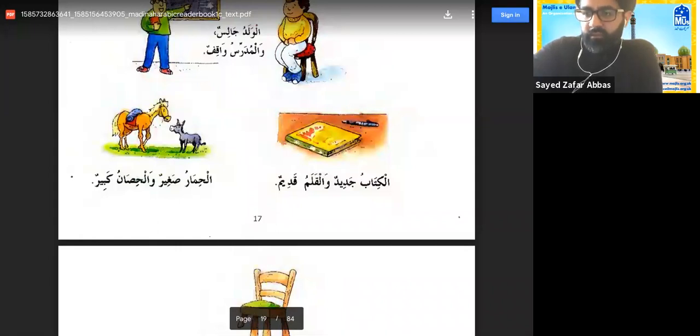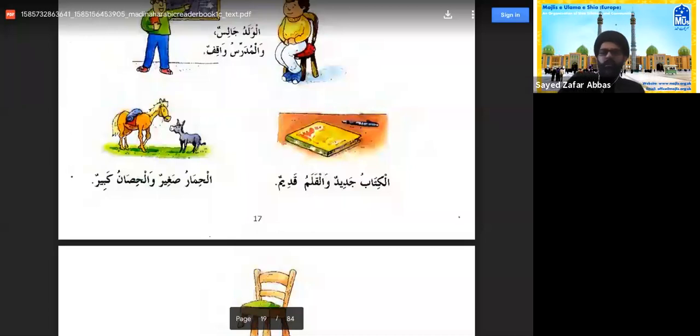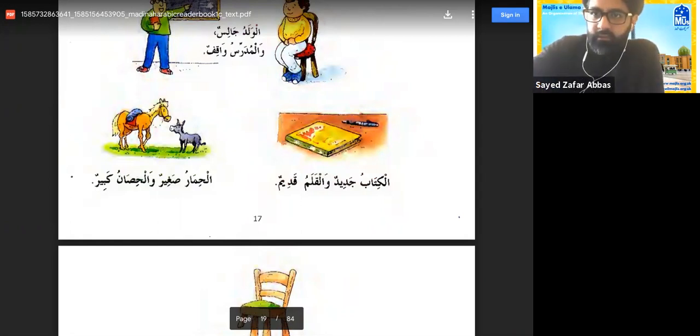And then if we can have Heather. Heather can help us out with Al-Himaru Saghir wal-Hisanu Kabir. What do you think that this means with the two pictures that we got? Yep.